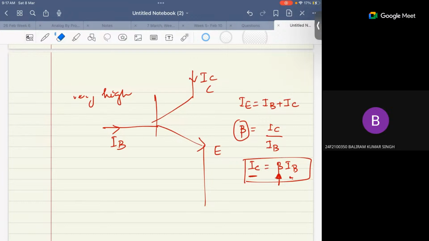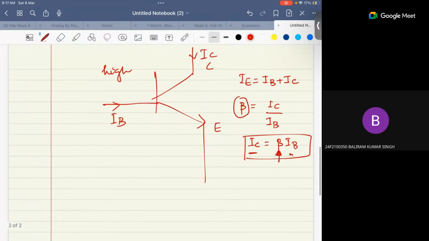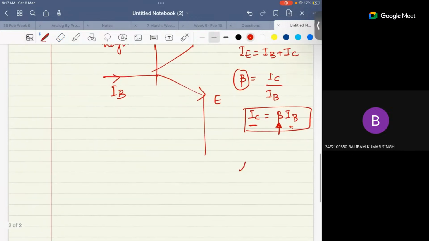Normally there is a term alpha also. So what is the value of alpha? What is alpha?